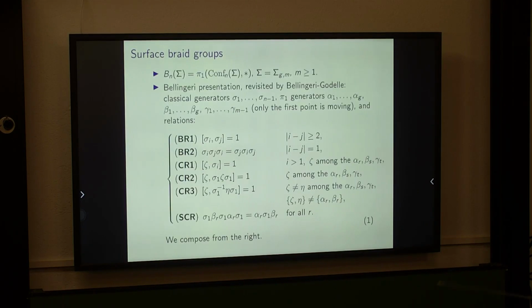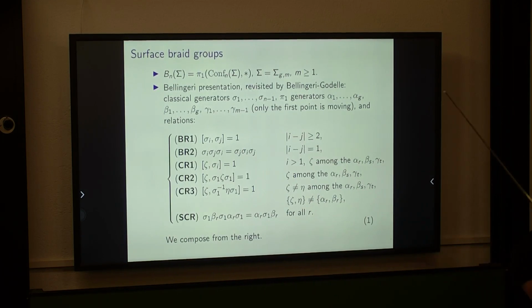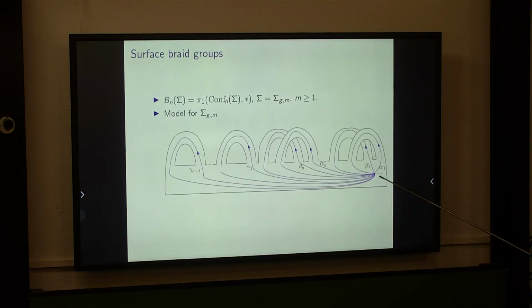And then a nice presentation was set up by Blanchet. The presentation was done before, but this one is really convenient. Think that you have a classical generator, changing locally 2 points, and you have a pi1 generator. For the pi1 generators, here we have standard curves alpha_i, beta_i, and gamma_j, representing a basis for pi1.